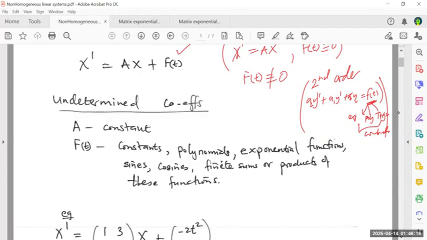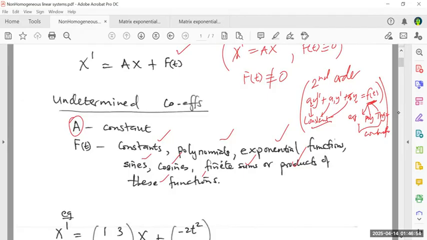So again, we needed the coefficients to be constant. The A1, A2, and A0 were constant coefficients for the method of undetermined coefficients to work. So we can just borrow the same idea, where we make sure that the coefficient matrix here is constant, and f of t is a vector of either constants, polynomials, exponential functions, sines and cosines, or finite sums or products of these functions.